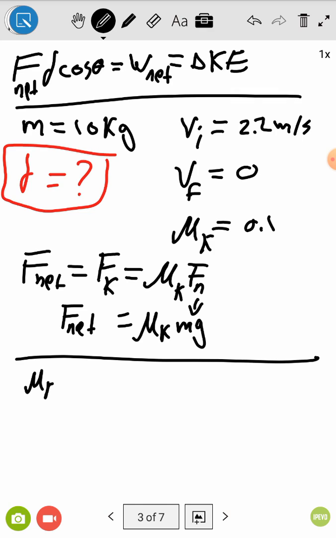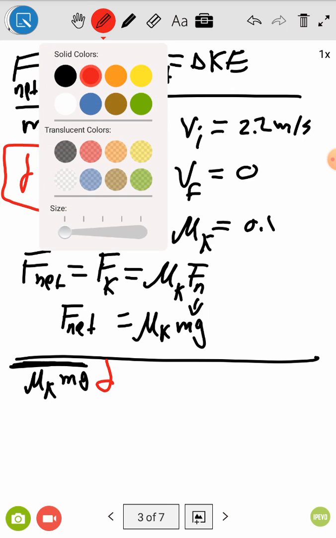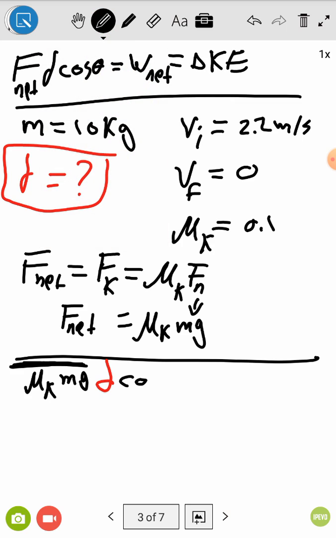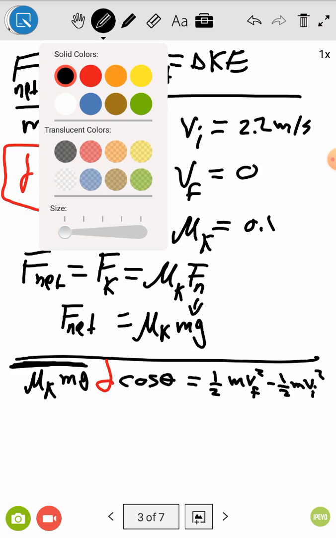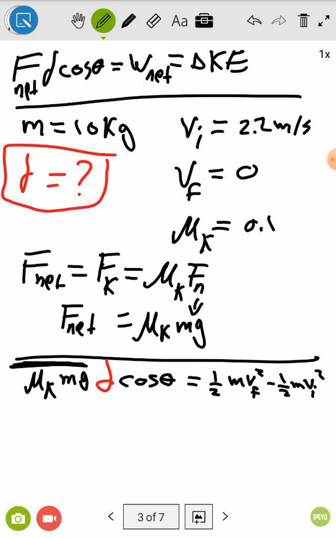Mu K m g, this is F net, times d cosine theta equals half m v final squared minus half m v initial squared. Now be careful, v final is 0, so half m v final squared, all of it equals 0.